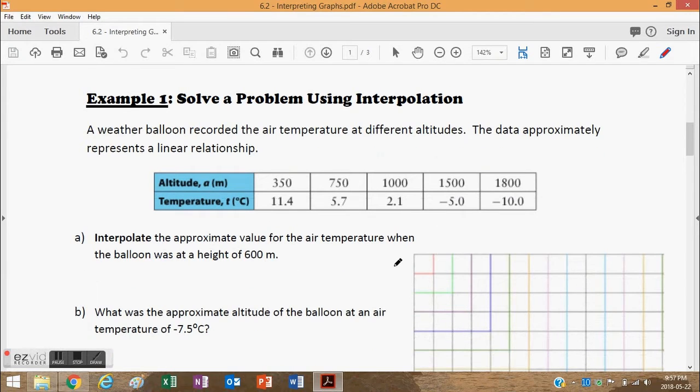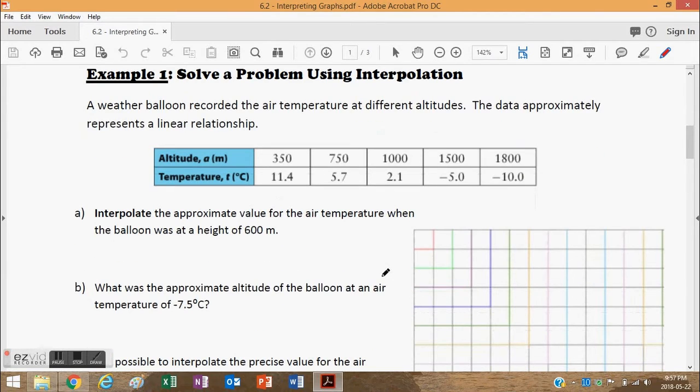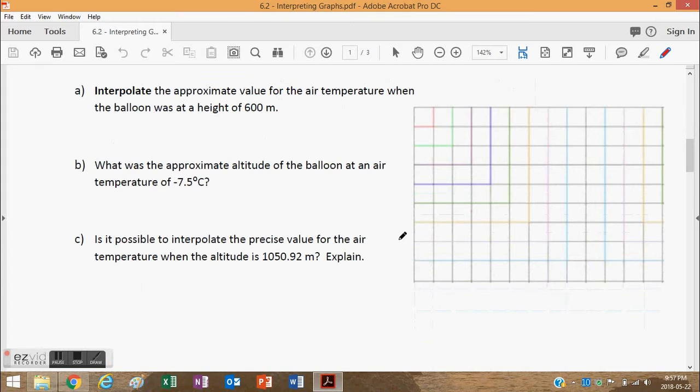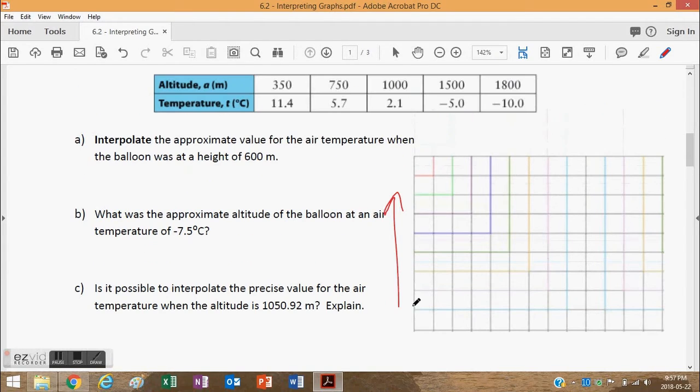So we'll take a look at how these would work, looking at the first example. Very first thing that you're going to have to do is make a graph here.